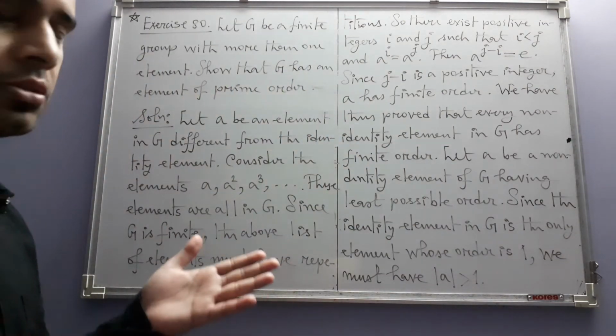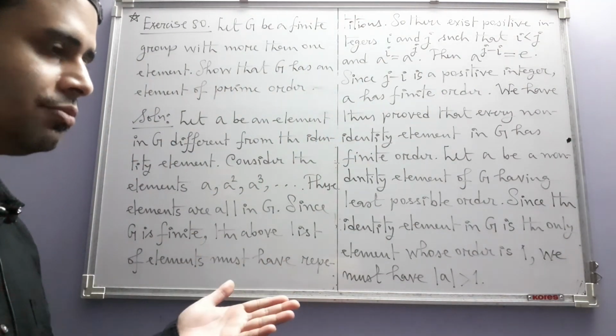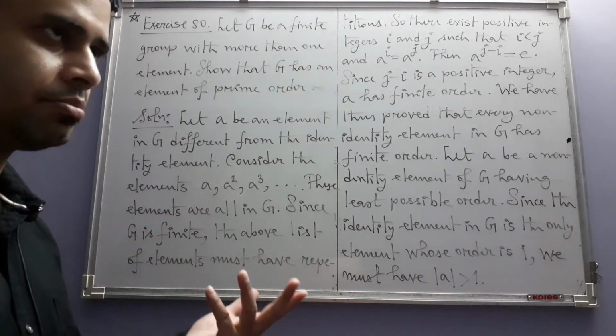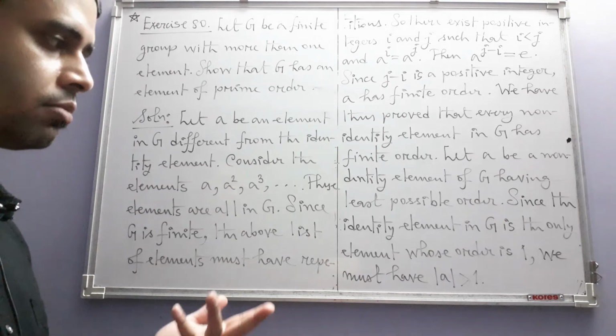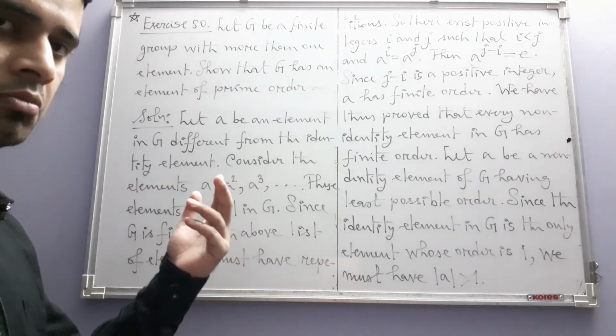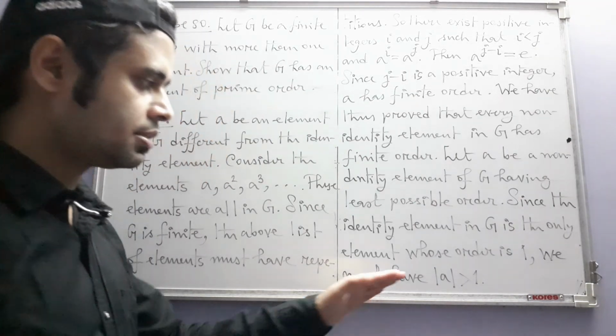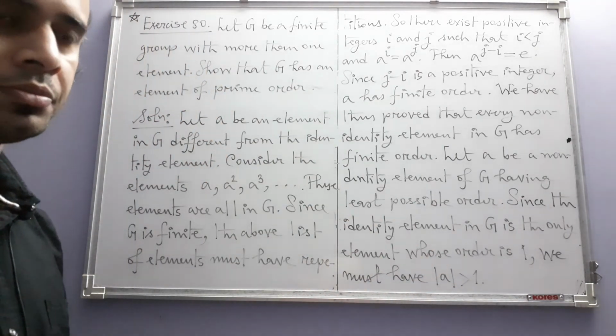So that means this order is a positive integer greater than 1. Whenever you have a positive integer greater than 1, the question of the integer becoming prime or composite comes. Now our claim is that this is a prime number.